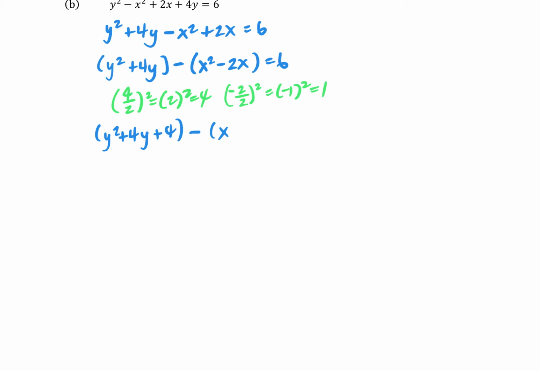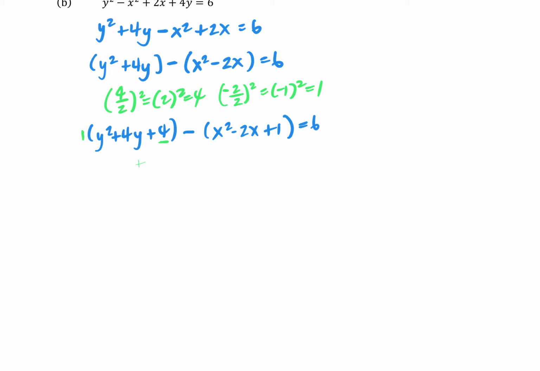We're going to add the plus 1 inside the parentheses, equal to 6. So you can imagine that outside of the first set of parentheses where the y values are, there's a 1 there. So 1 times the 4 is just 4, and I'm adding 4 to the right-hand side.